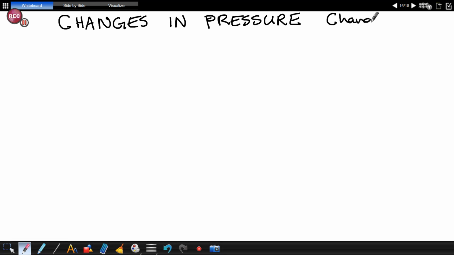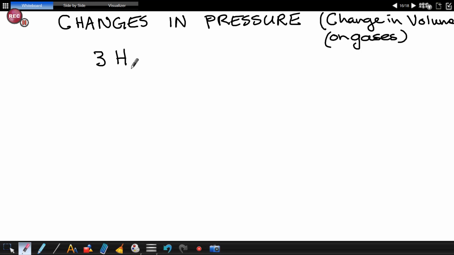So, a change in volume will change the pressure of gases. We need to check how many moles of gas are on the reactant side and compare it to the number of moles of gas on the product side. So the comparison is not difficult to see.